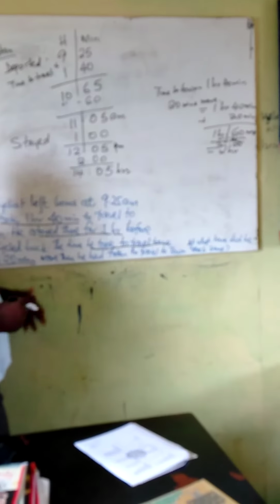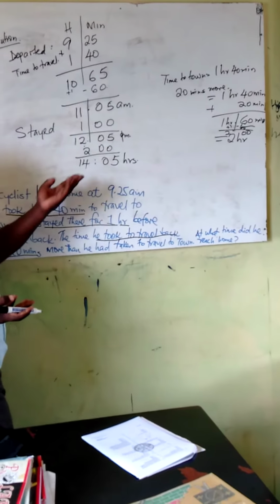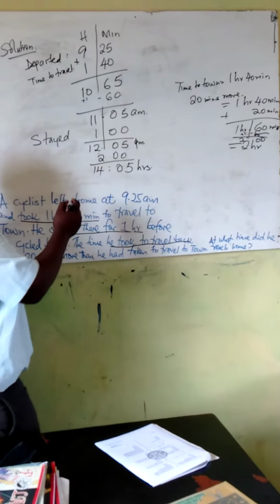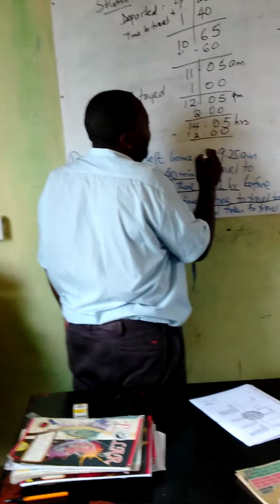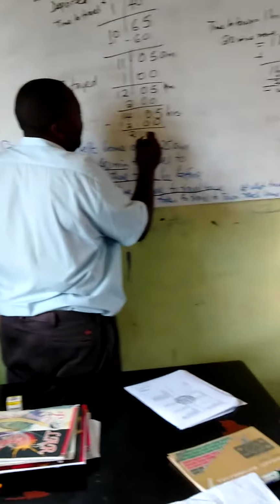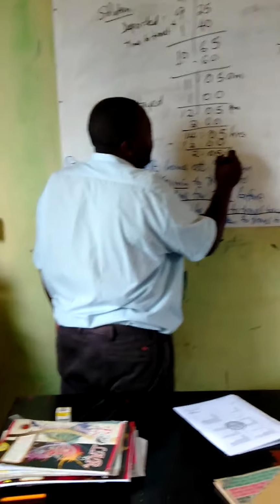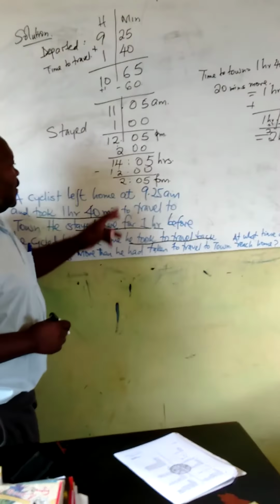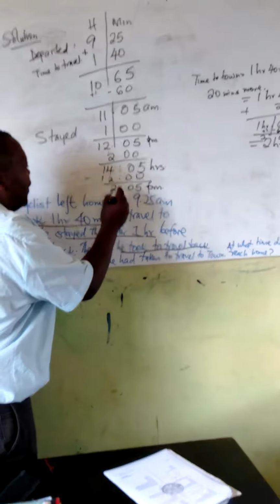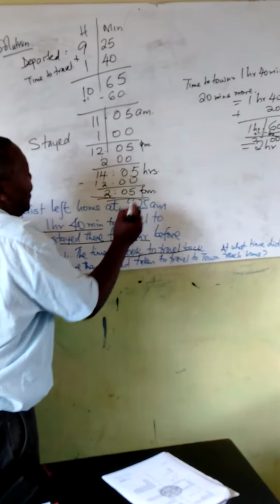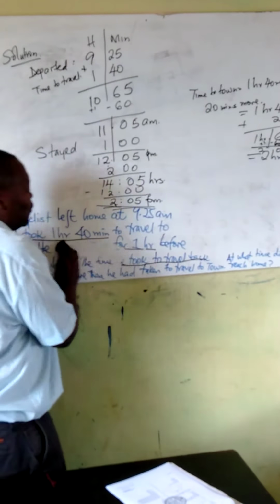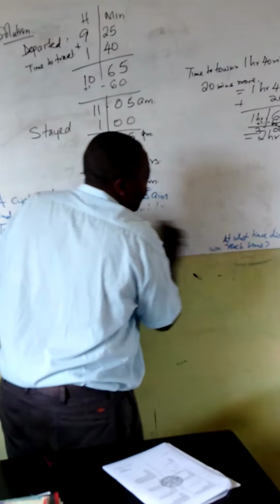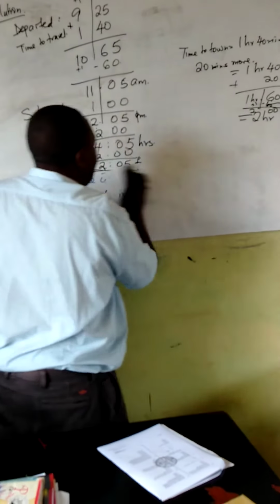If we are asked to give our answer in a.m. and p.m., then we subtract 12:00 so that we get that he got home at 2:05 p.m. So the time he got home is 2:05 p.m., and this is our answer for question 17. We go to question 18.